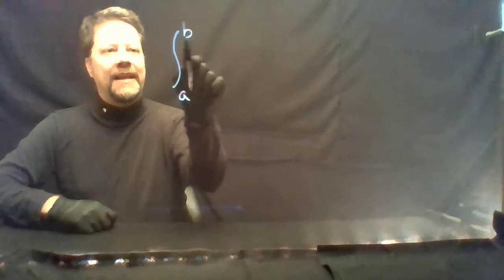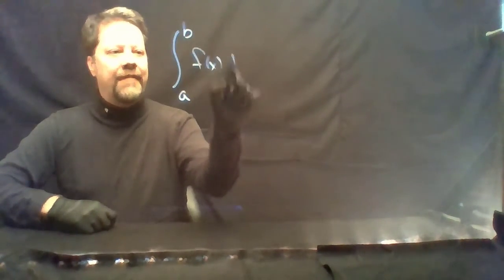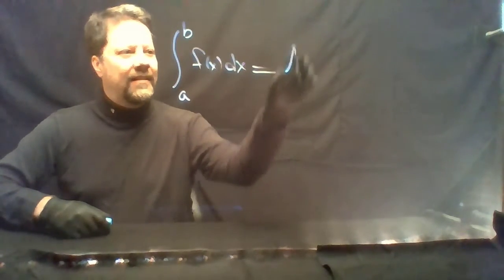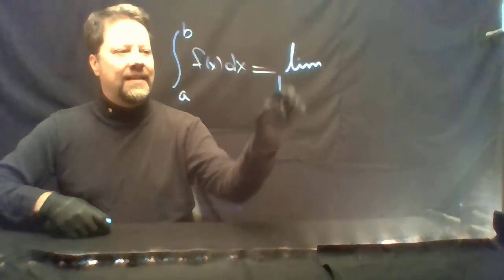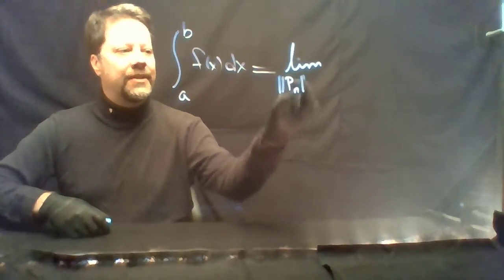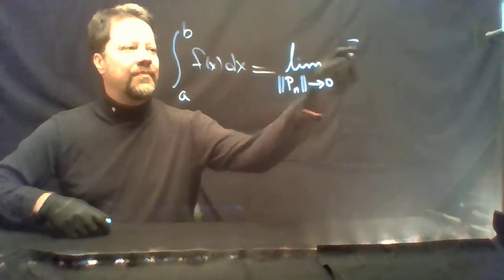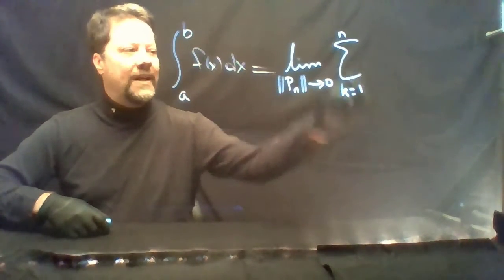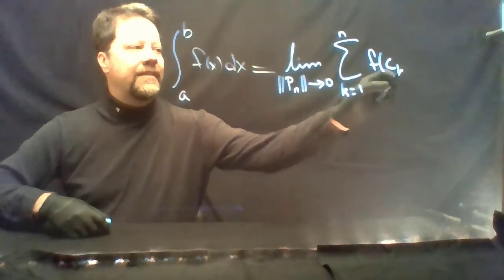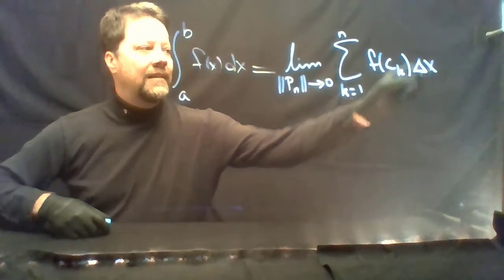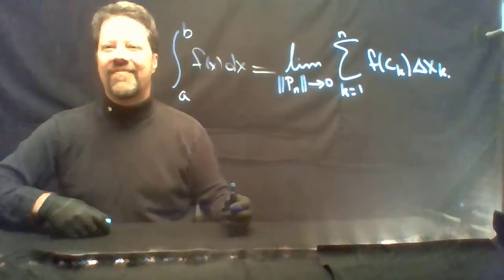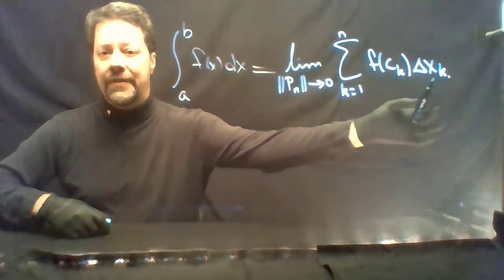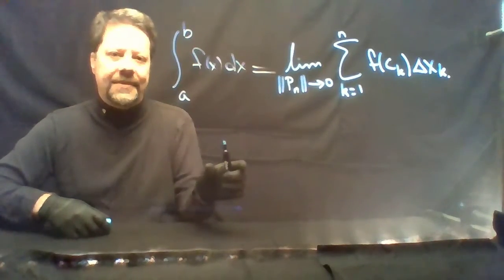The integral from a to b of f of x dx is the limit as the norm of the nth partition goes to 0 of the sum as k goes from 1 to n of f of ck delta xk. In this definition, we're allowing the intervals to have varying widths.